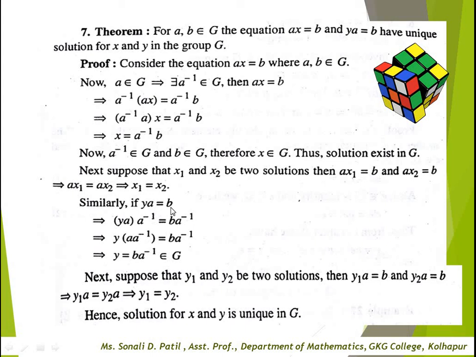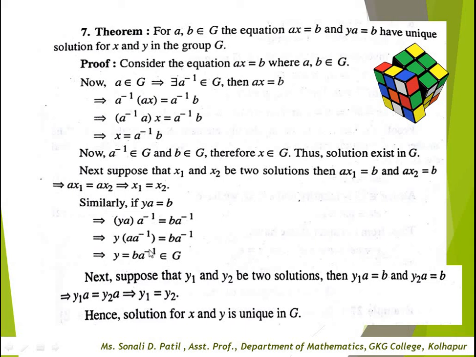Similarly, if YA is equal to B, this implies that we multiply both sides by A inverse on the right hand side. Then what will we get? YA A inverse is equal to B A inverse. Then by using the associative property we can change the bracket, so Y(A A inverse) is equal to B A inverse. Then by using the inverse property, what is the value of A A inverse? It's E, the identity element.